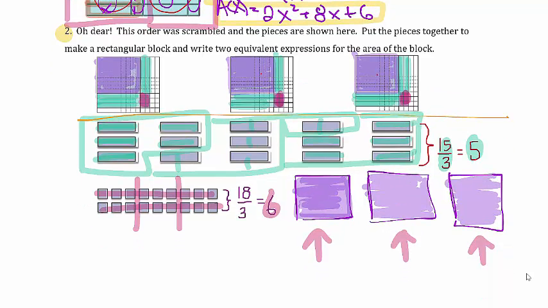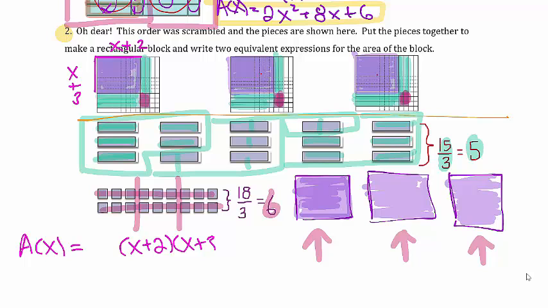Well, again, let's look at it. This is an X plus 2 and an X plus 3 quilt. So area is X plus 2 times X plus 3. We actually had 1, 2, 3 of those quilts. So that is the area.